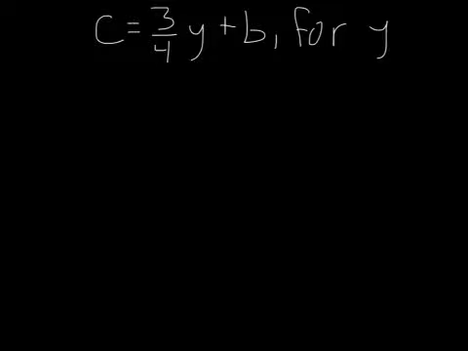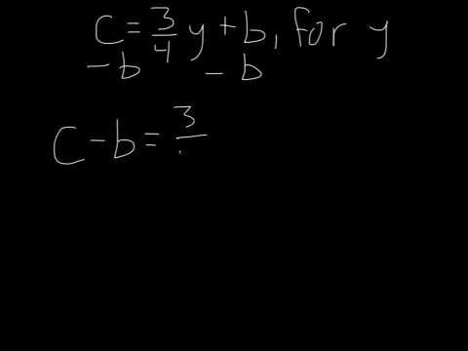Let's say we had c equals 3/4 y plus b, and we want to solve for y. So again, I have 3/4 times y. I have b added here, so we want to start with subtracting away this b. It's going to give me c minus b equals 3/4 y. And now this 3/4 y, we have 3/4 times y. To clear that 3/4, we can multiply by the reciprocal, which is 4/3.